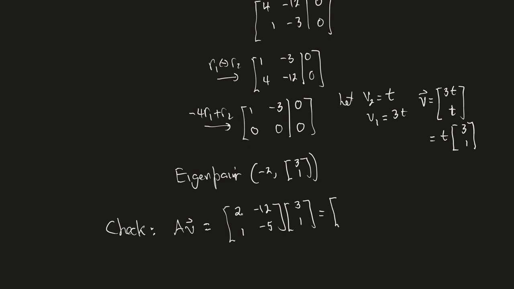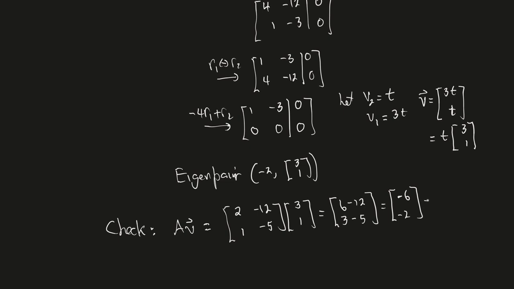All right. So now let's multiply. We have 2 times 3, so that's 6, plus negative 12 times 1, so that's negative 12. And then 1 times 3, so that's 3, and then negative 5 times 1 is negative 5, so minus 5. And what do we end up with? We end up with negative 6 in the first component and then negative 2 in the second component.